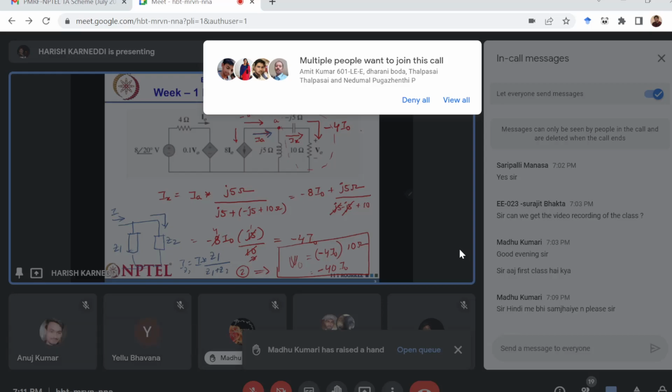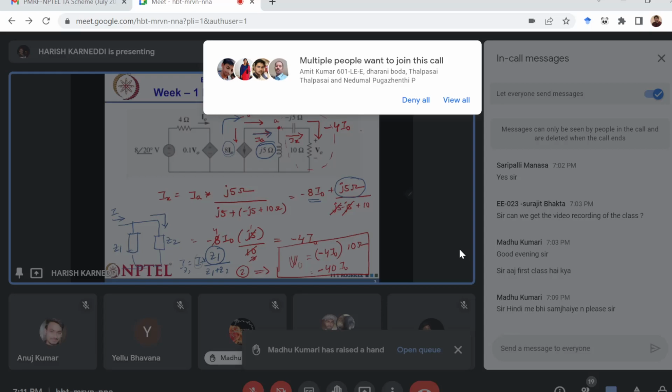In this case, the total current I is flowing in this direction. We want the current in the opposite direction, so that is minus 8 I naught, which I considered. The opposite impedance is Z1, which is J5 ohm.